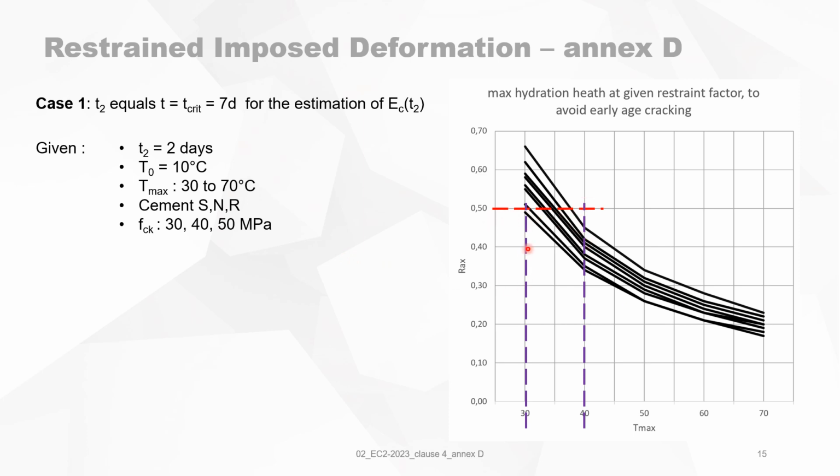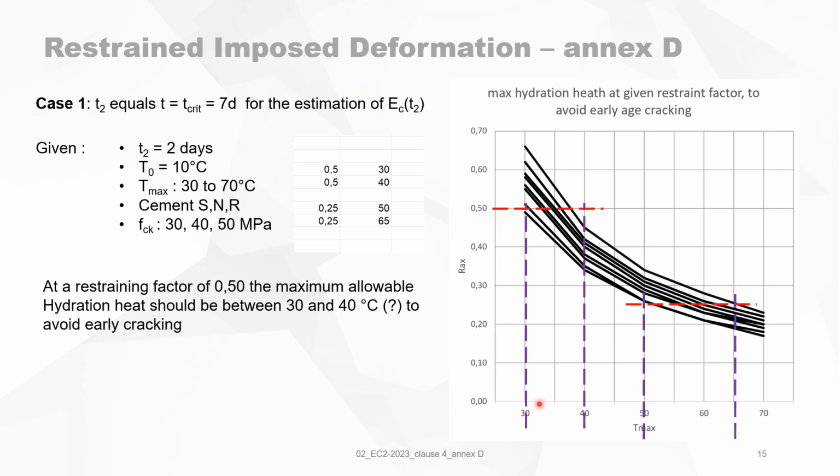It means that it is an interval between 30 and 40 degrees for restraining factor 0.5. We do the same for the restraining factor of 0.25. We create an interval between 50 and 65 degrees. This means that at a restraining factor of 0.5, the maximum allowable hydration heat should be between 30 and 40 degrees because of all those different parameters.